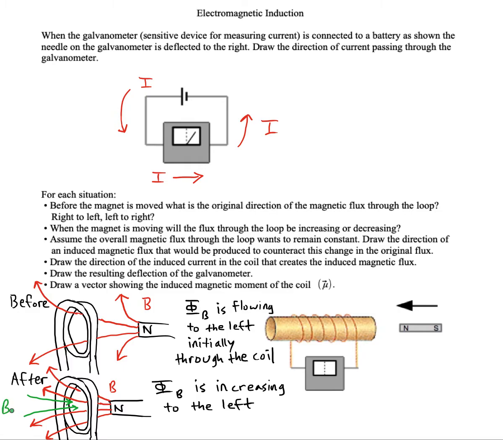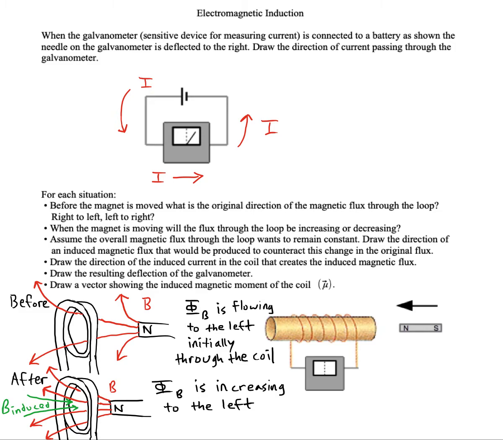It's called B induced. And this way, if we add the induced flux to the flux created by the magnet, they could cancel out and equal the original flux.